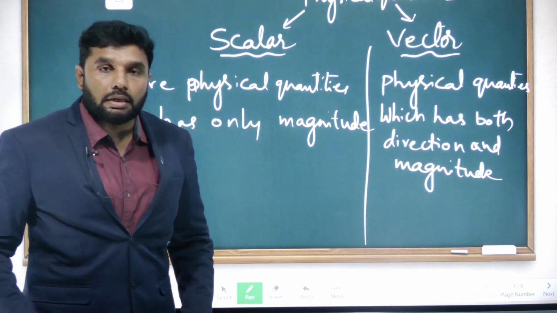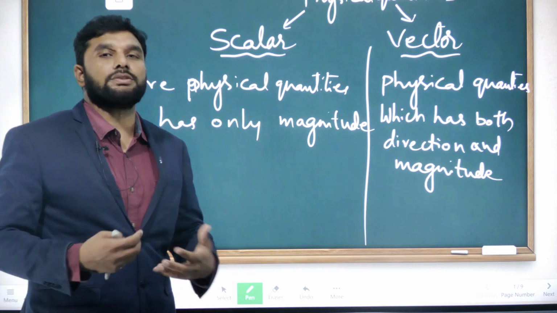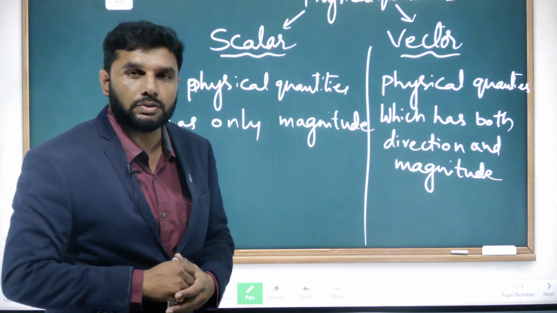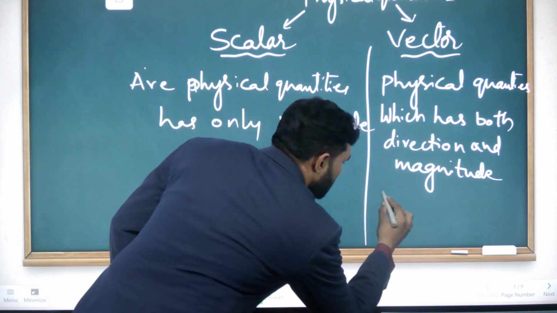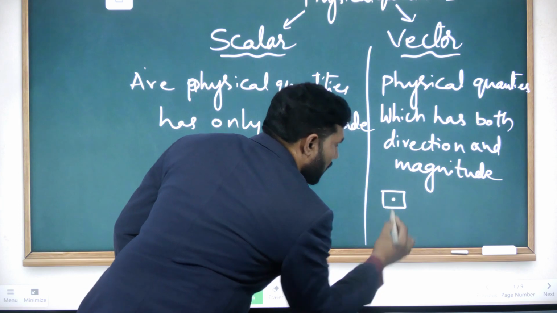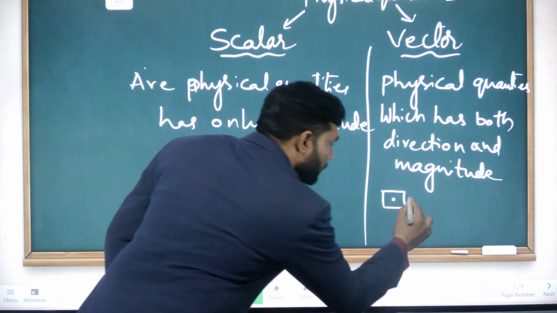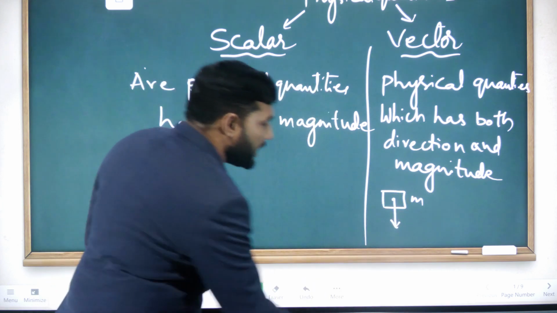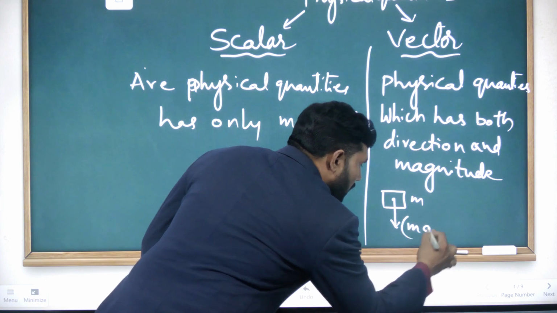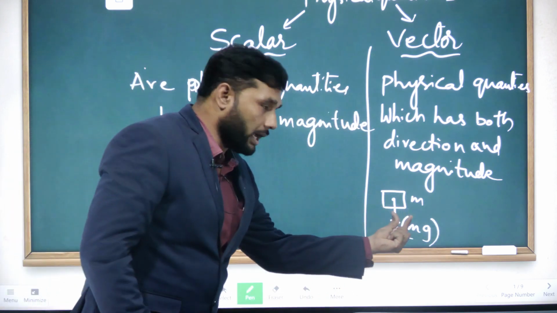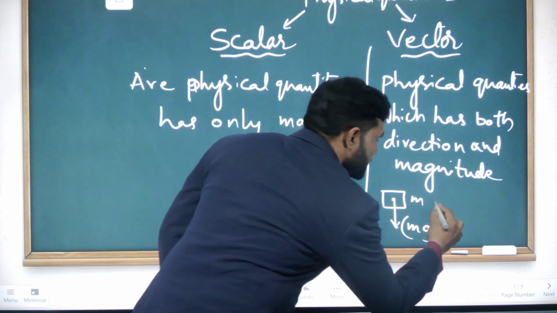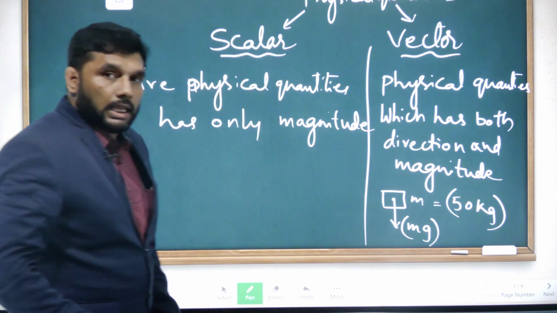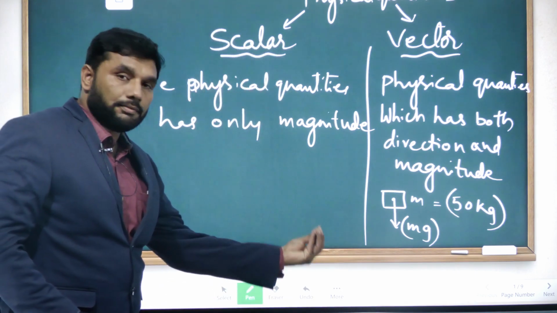If I am speaking about your weight, what is the direction of our weight? Generally our weight is towards the center of the earth. If an object has some mass m, it will be attracted towards the center of the earth with a certain force. The direction of the force will always exist, and it has magnitude. Suppose I take the example of a 50 kilogram person being attracted towards the center of the earth with some force.